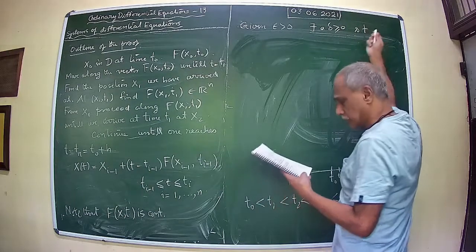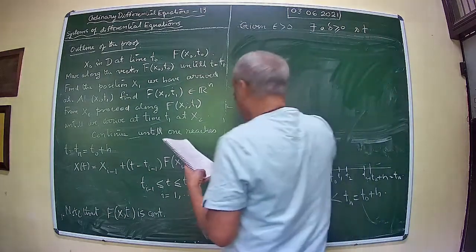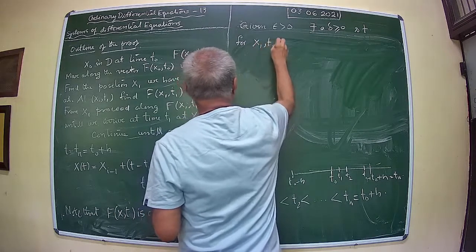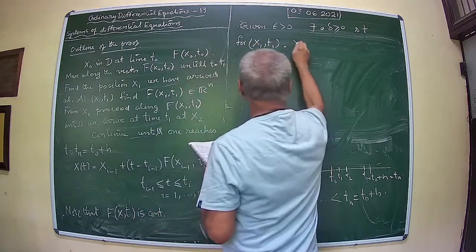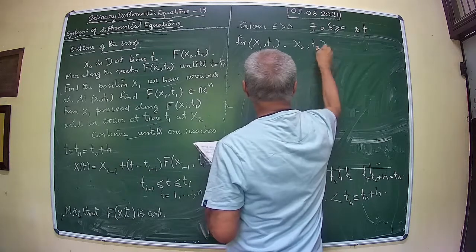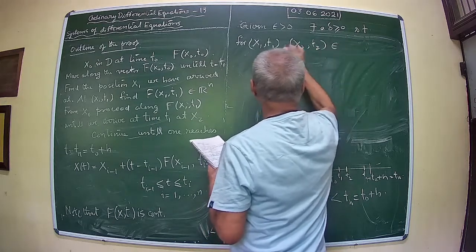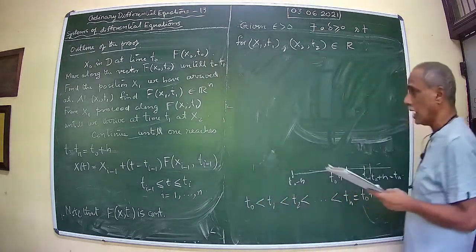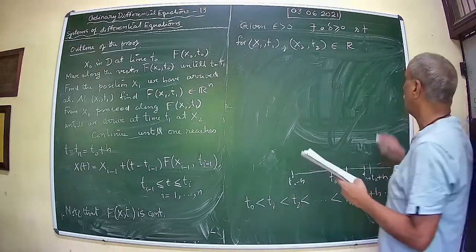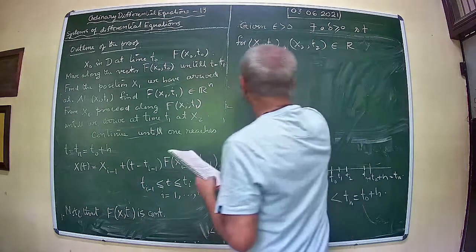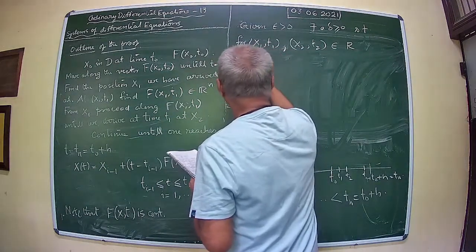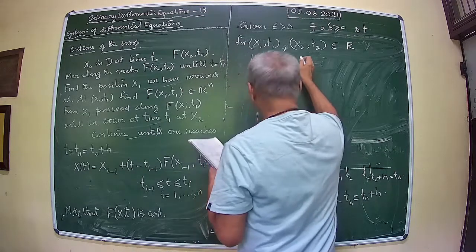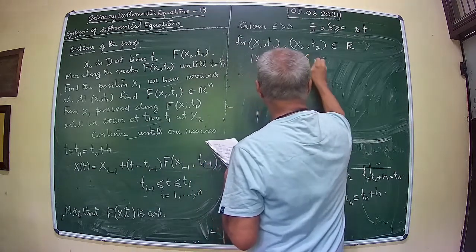we are just using continuity for R, the rectangle box R, norm of x1 minus x2 is less than or equal to delta.